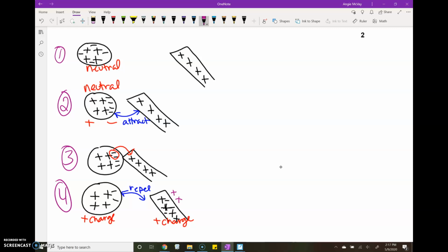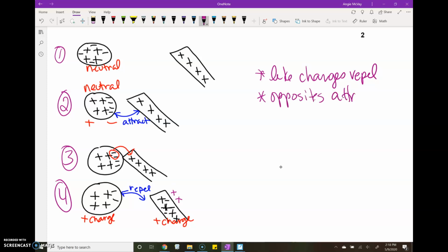So a couple of the things that maybe we noticed or we should discuss in debriefing the demo that I did. We should discuss that like charges repel, opposites attract, and neutral objects are always attracted to charged objects.